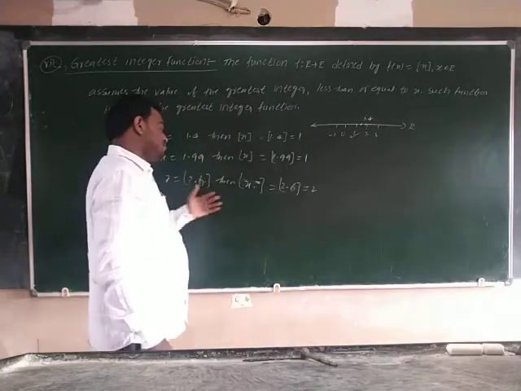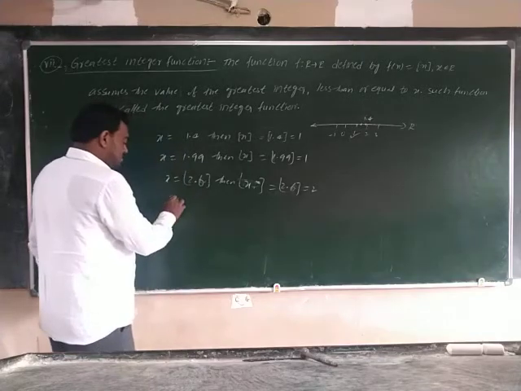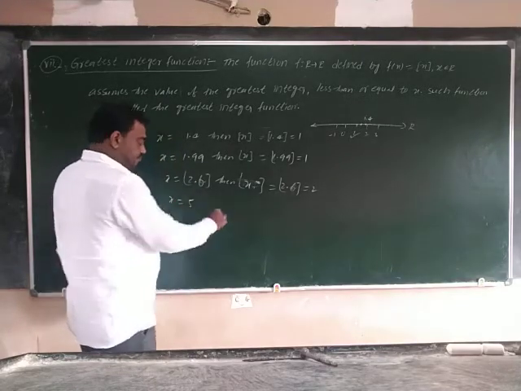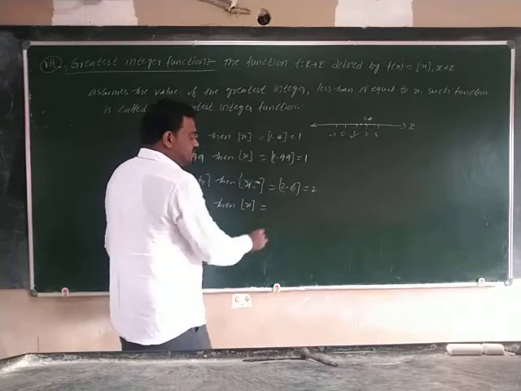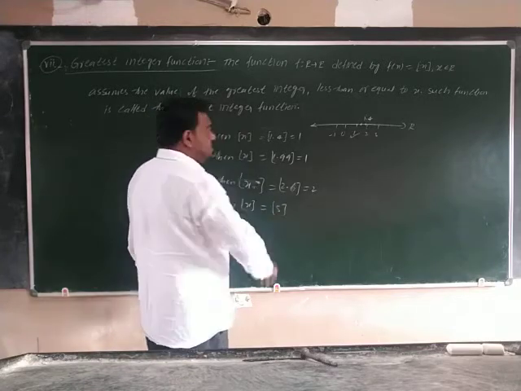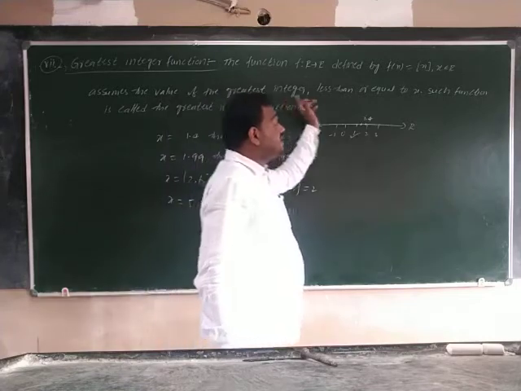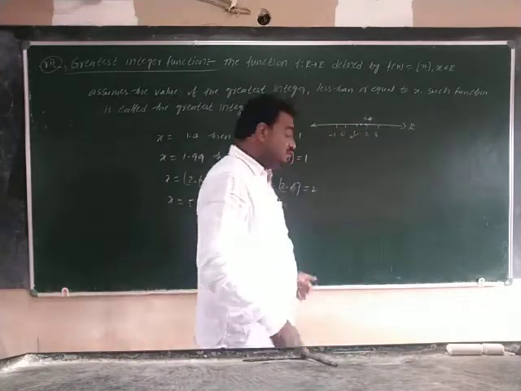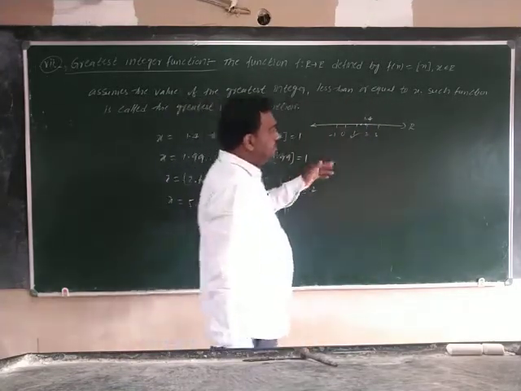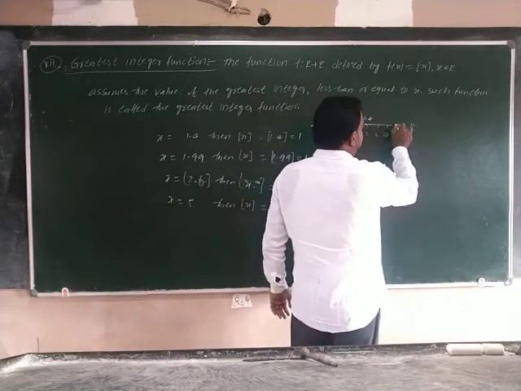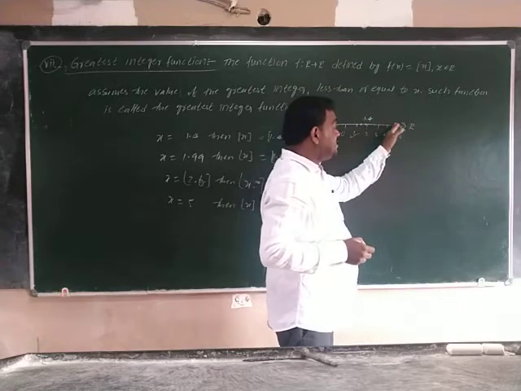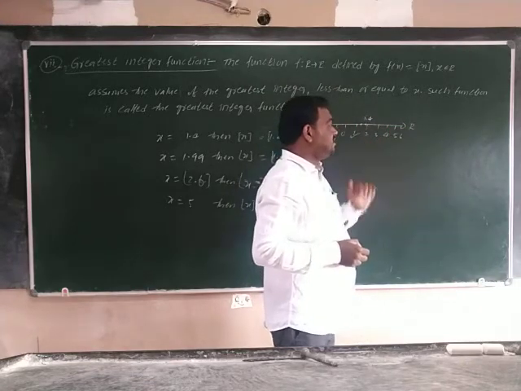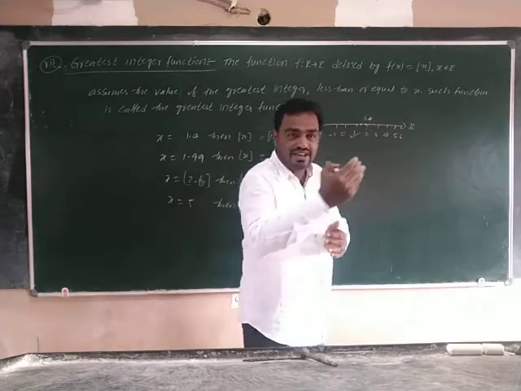For example, x is equal to 5. Then the greatest integer of x is equal to 5. How is the greatest integer defined? Less than or equal to x. So what is the x value? 5. 5 is less than or equal to which integers?